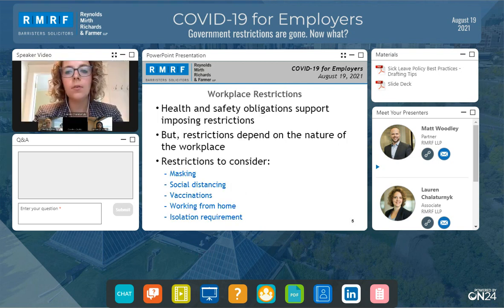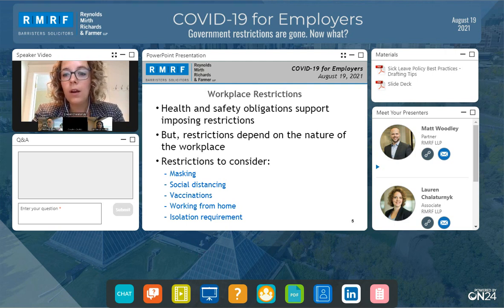So going off of Matt's comments about the health and safety obligations, because there is this fairly significant requirement on employers to ensure that they're upholding these obligations, this means that the OHS Act and those obligations support the imposition of restrictions, even where the provincial government or the federal government in some situations has not necessarily mandated or legislated certain things.